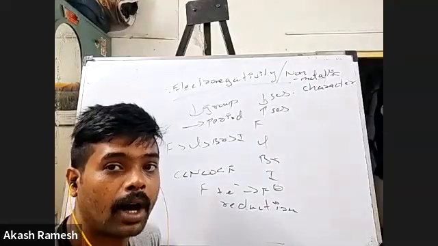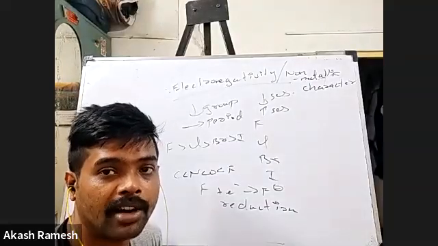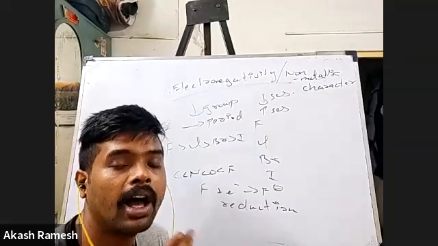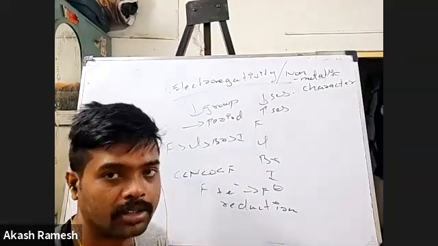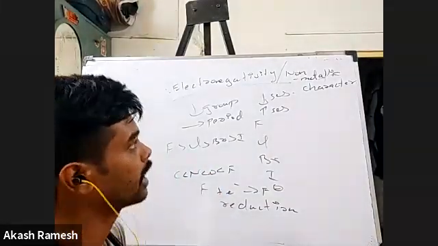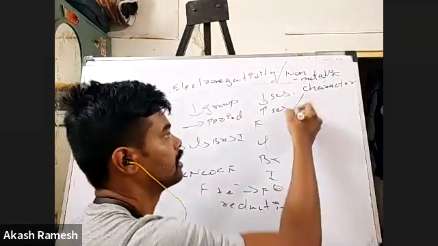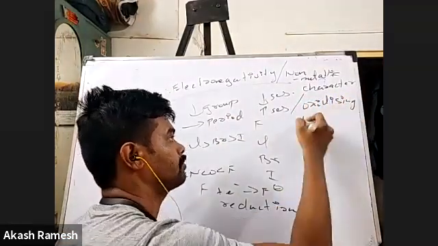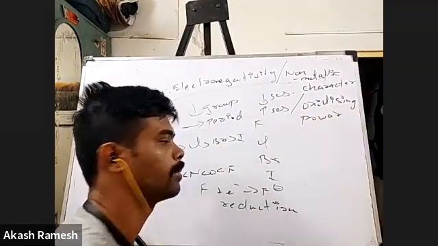So highly electronegative elements are generally good oxidizing agents, and highly electropositive elements are good reducing agents because they are undergoing oxidation. Here they are undergoing reduction. So I can even connect this with the oxidizing power. What do you mean by oxidizing power?